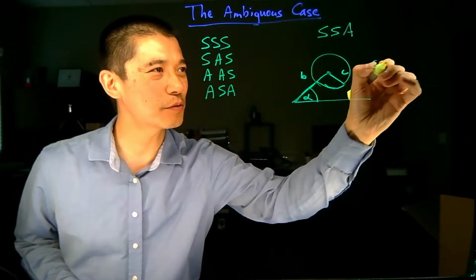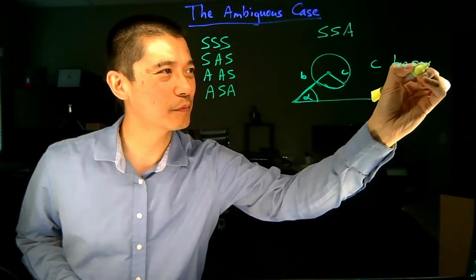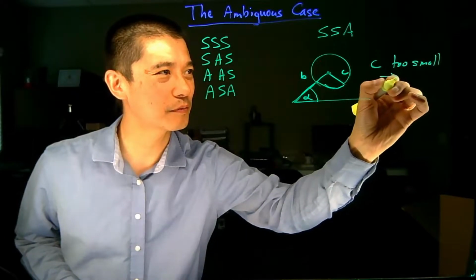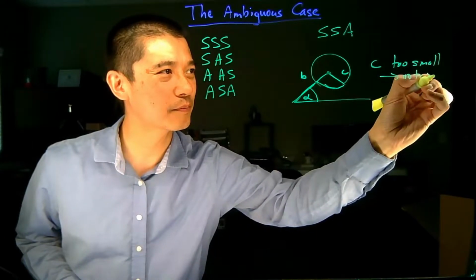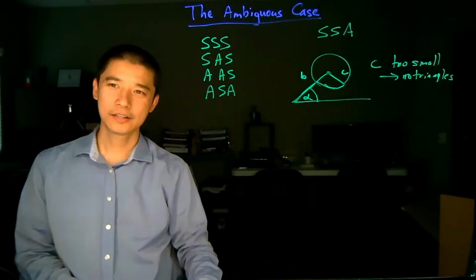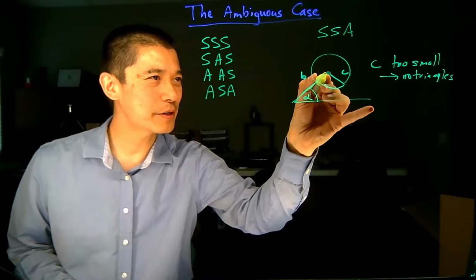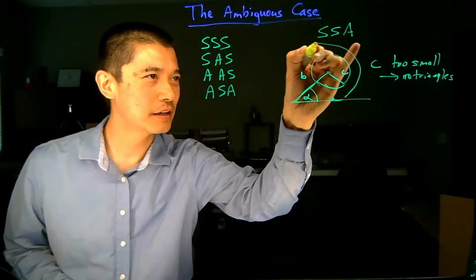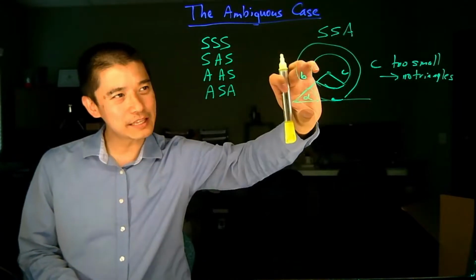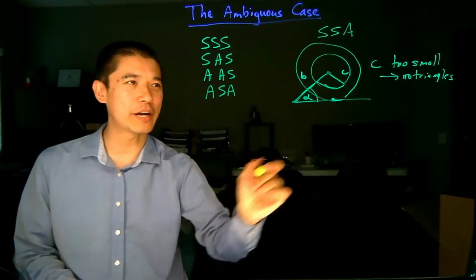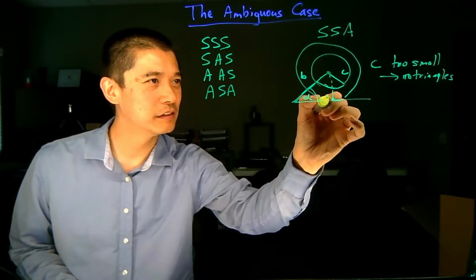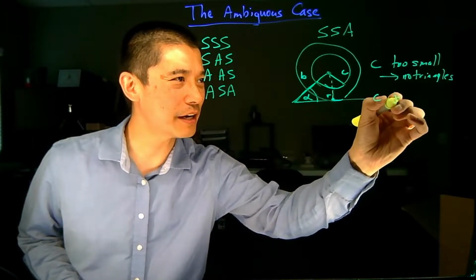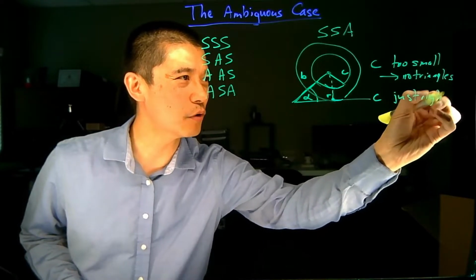So if c is too small, we don't get any triangles. And as we let c get bigger and bigger, there's a certain point at which we get exactly 1 value. And that's when that length is just barely long enough to make a right angle. And so c just right leads to 1 triangle.